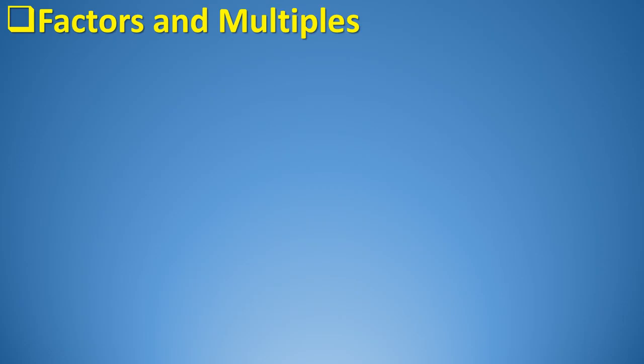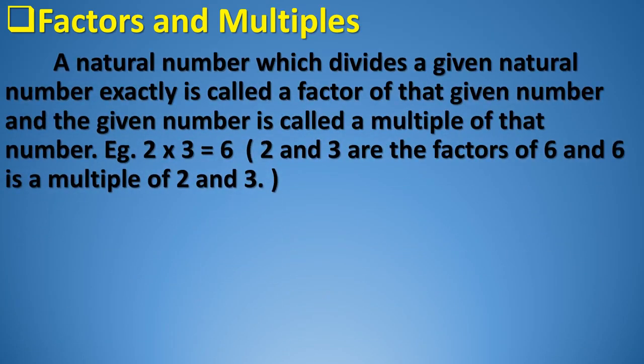A natural number which divides a given natural number exactly is called a factor, or we can say that the divisor is called a factor.